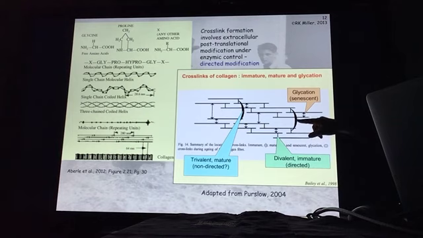Now the immature cross-links here are these ones like this, and then the mature, the trivalent ones, are those thicker ones. And then he introduces the concept of what glycation is doing within the muscle.